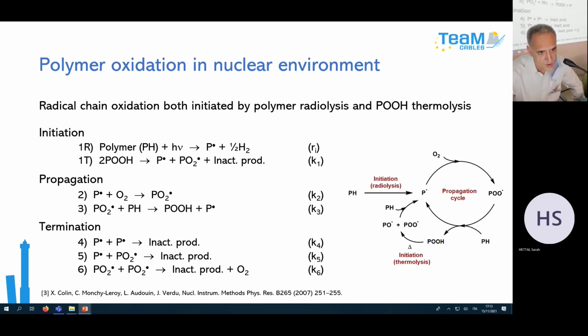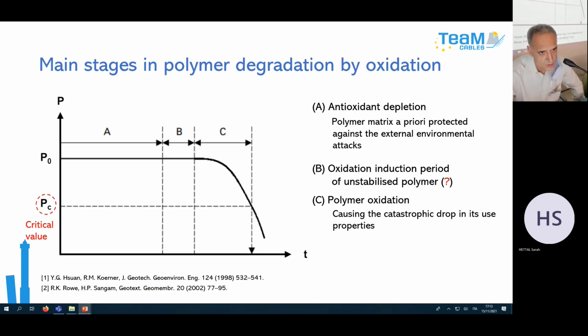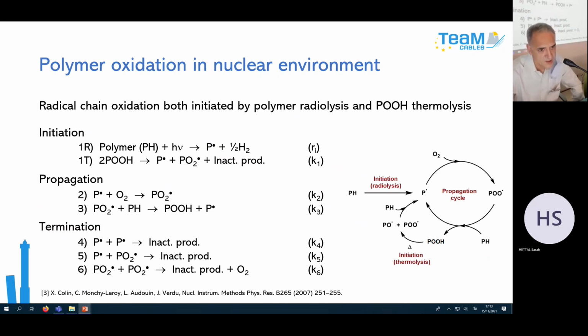So now, if we look in detail at the different mechanisms responsible for these different stages, starting from the polymer oxidation before understanding the action of the antioxidant.